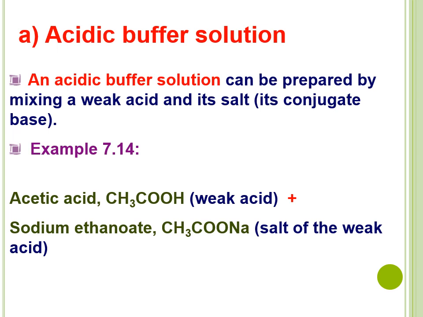An acidic buffer solution can be prepared by mixing a weak acid and its salt. Example 7.14: the acid is acetic acid, our vinegar, and the salt of the weak acid is sodium ethanoate.